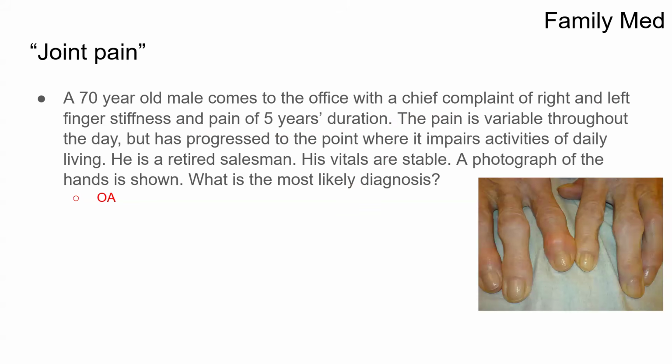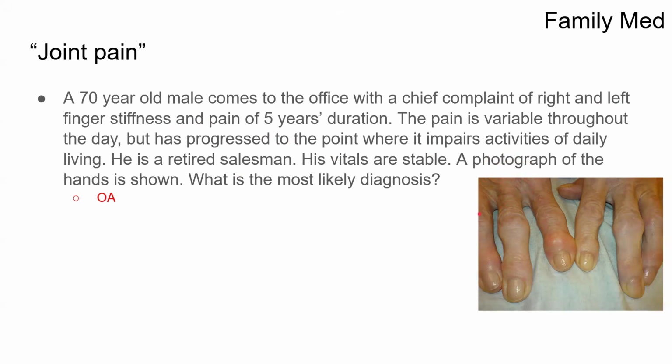But the distribution of the affected joints is important to consider in osteoarthritis. If there's involvement of the distal interphalangeal joints that we can see here, the DIP, and the proximal interphalangeal joints, the PIPs here, those are classically associated with osteoarthritis, whereas in rheumatoid arthritis, those are usually the more proximal synovial joints because that's ultimately what is affected.